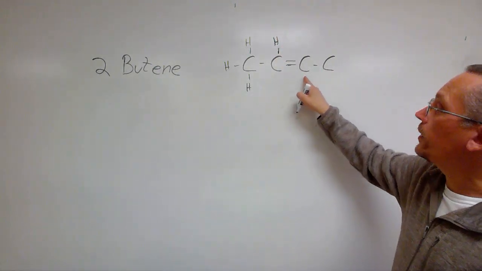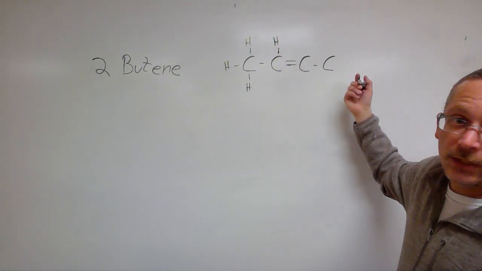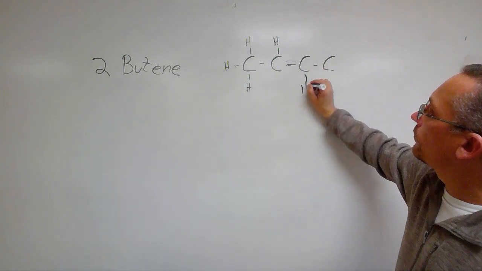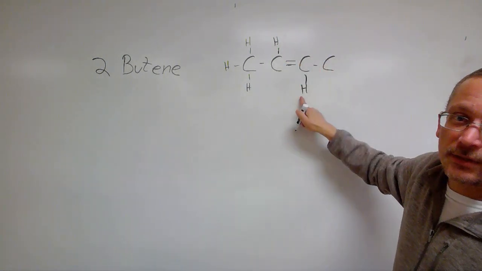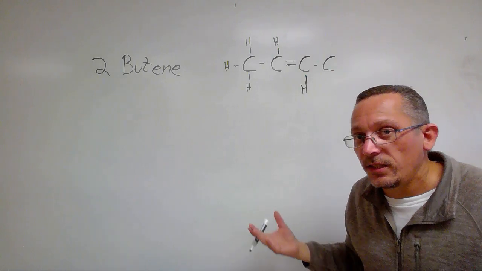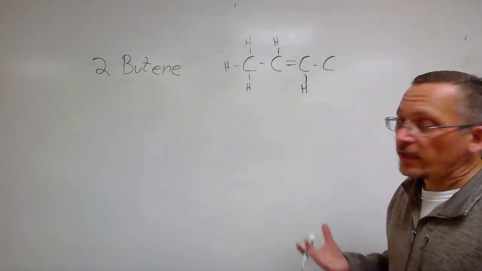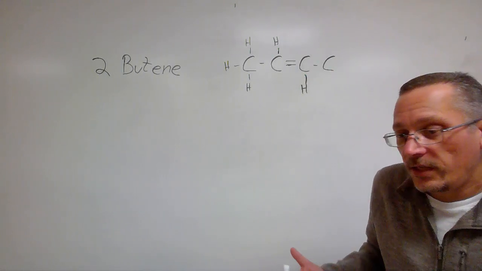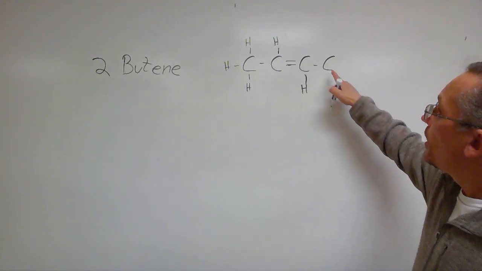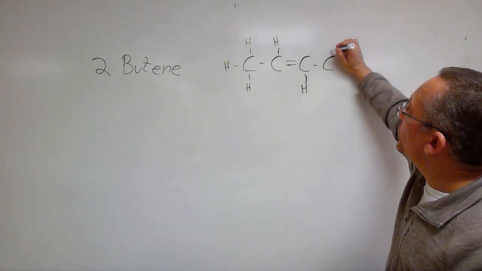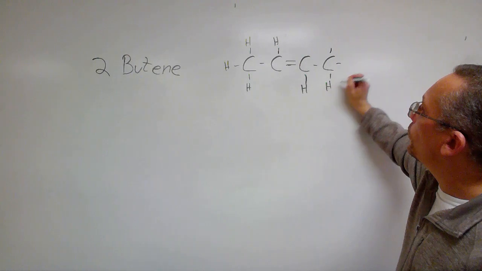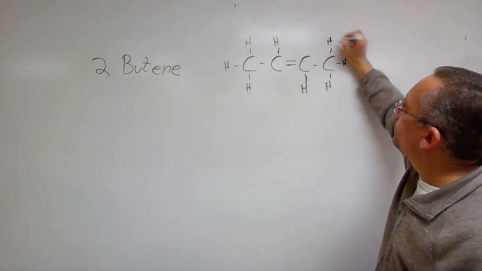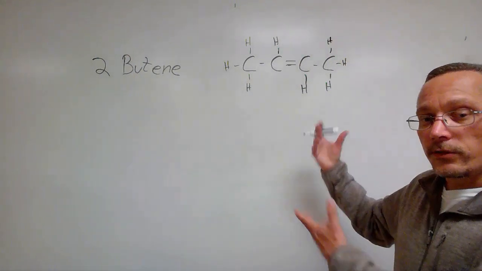This one's in the same situation. It's got 1, 2, 3. So we need 1 more hydrogen. I'll put this one on top and this one on the bottom just to make it easy. I mean, they don't have to go on one side or the other in any particular way. This carbon only has 1 bond, so let's fill it up with 3 more hydrogens. Okay, so there's the Lewis structure.